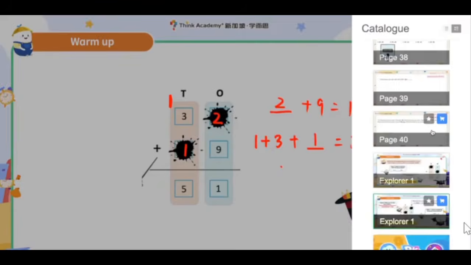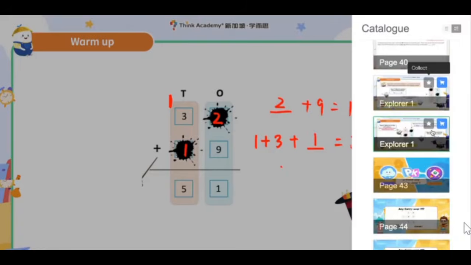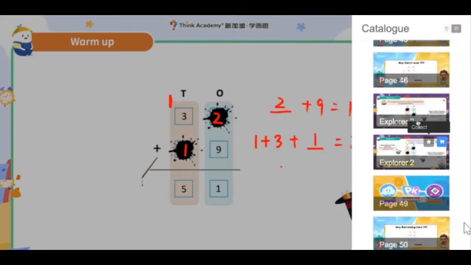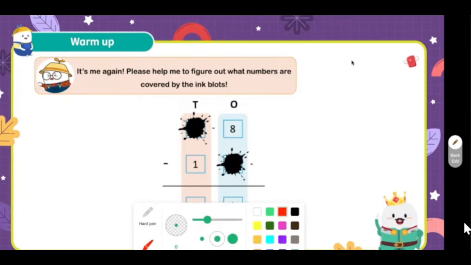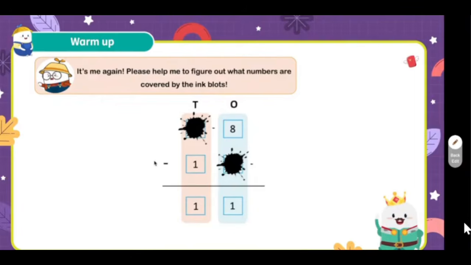Let me see the minus part. Okay, the minus. This time, let's see. Pip says, "Oh, it's me again. Please help me figure out what numbers are covered by the ink blots." So you can see this time, are we still doing plus? We are doing minus, right?